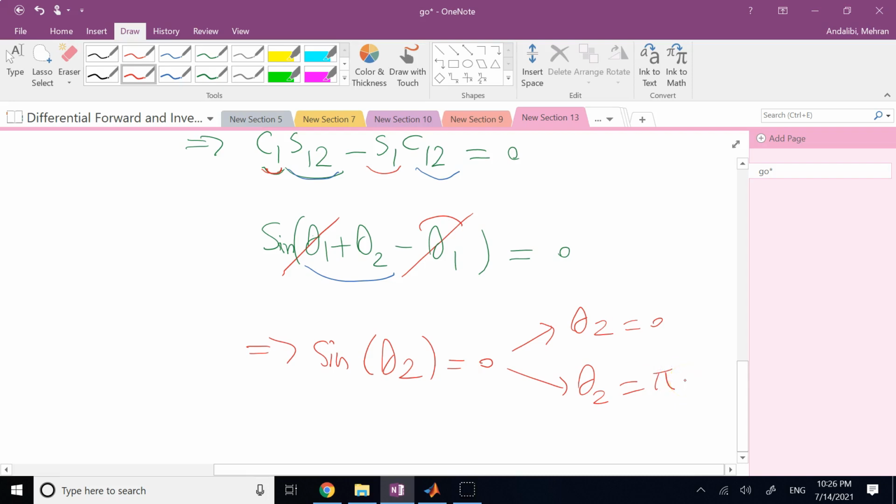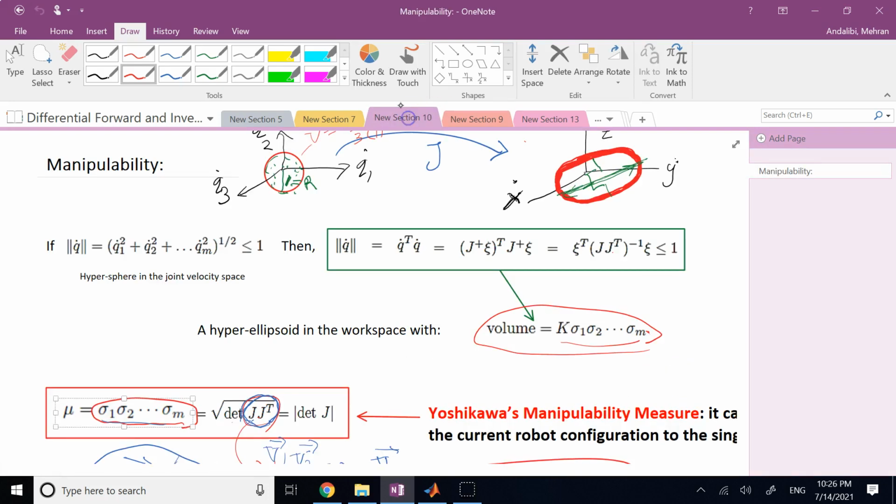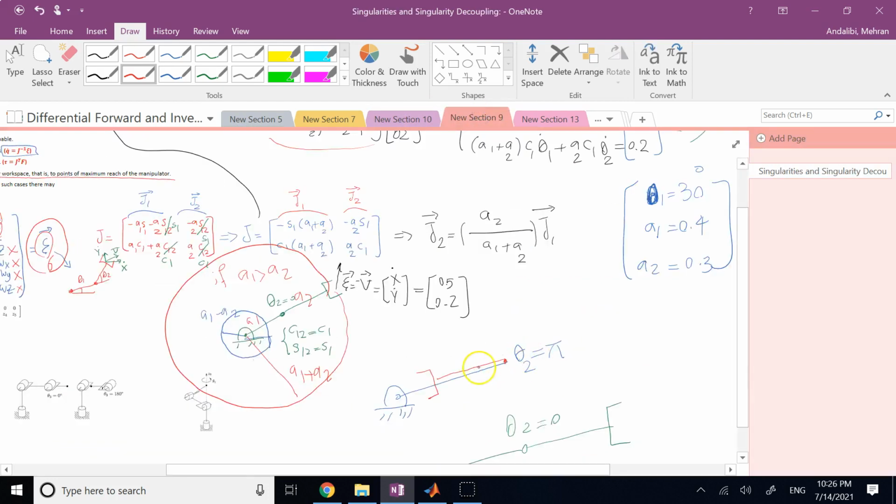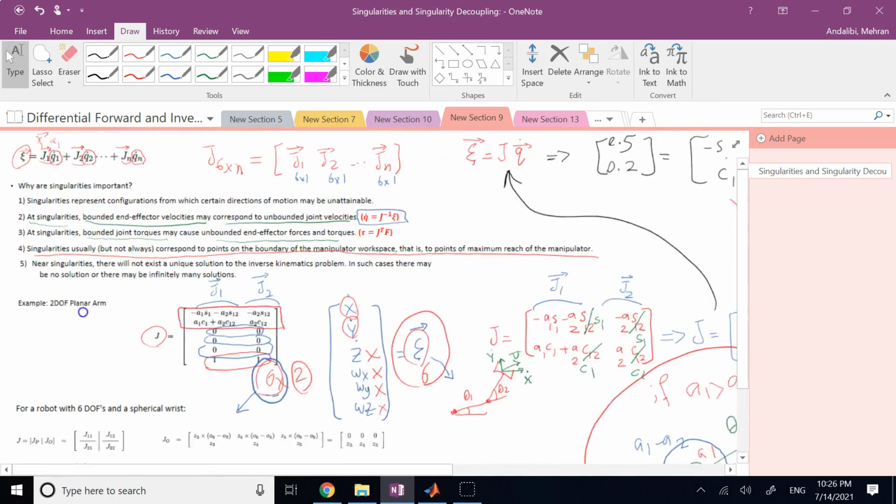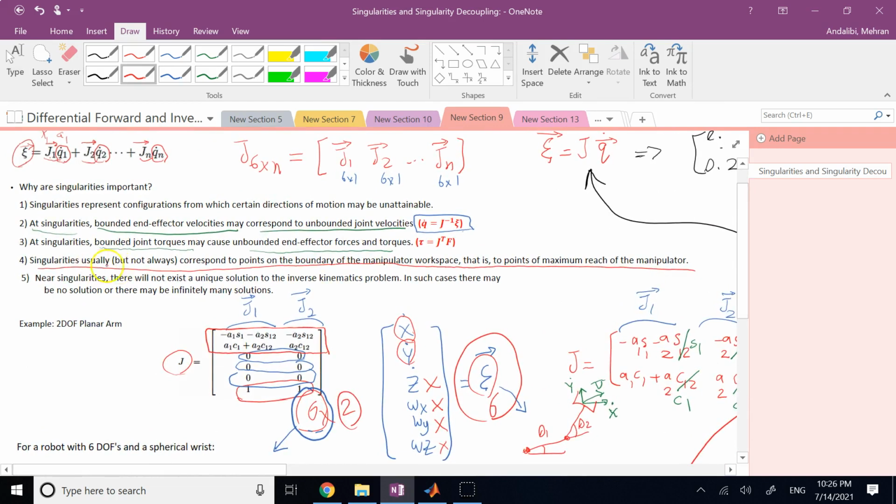Okay, so mathematically also, finding the singularity in this case is not such a big deal, but I showed you also physically what happens when your theta 2 is any of these two angles. And it says not always. I'll show you cases where the singularity can be inside the workspace, not on the boundary of the workspace. So there are scenarios where it's inside the workspace. I'll show you that when it says not always.